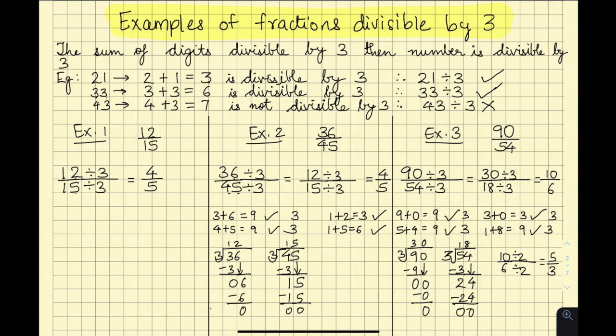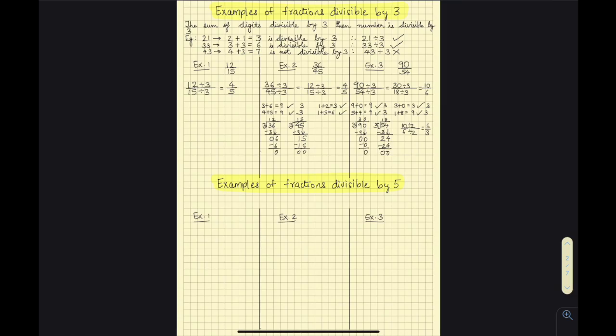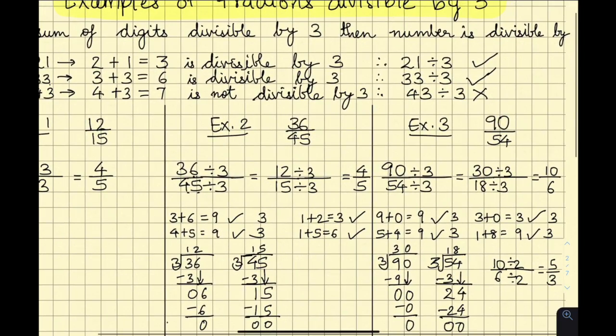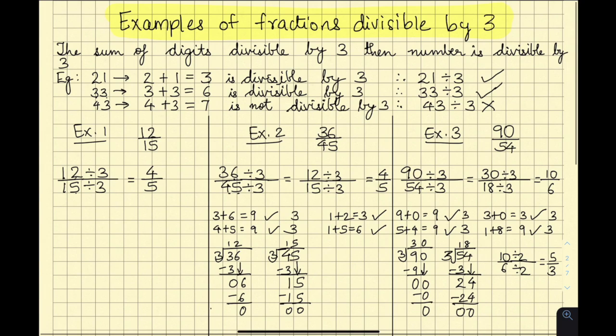Now if you see 5 and 3, they both do not have any other common factor, so they cannot be reduced further. Hence 5 over 3 is the simplest form of the fraction 90 over 54.